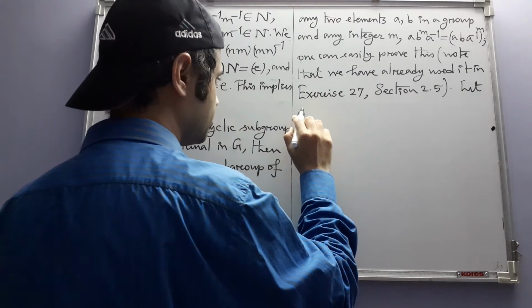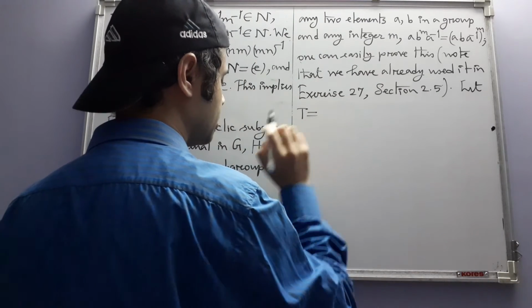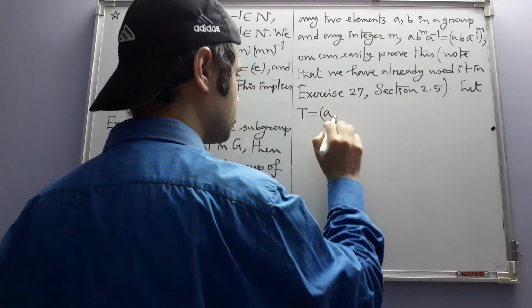So let T equal to the cyclic group generated by a.